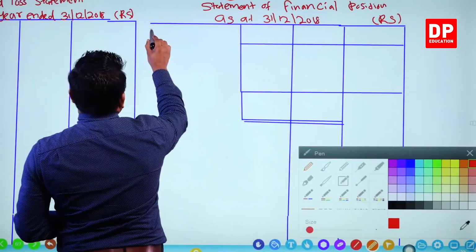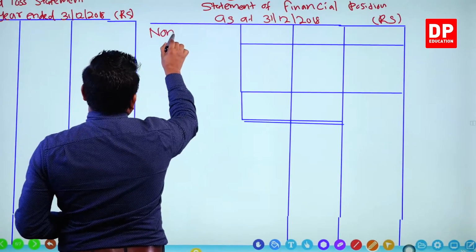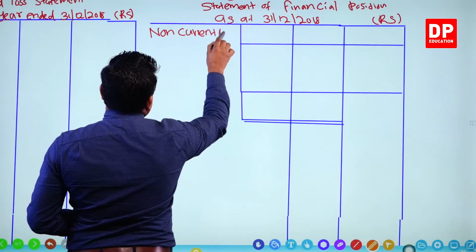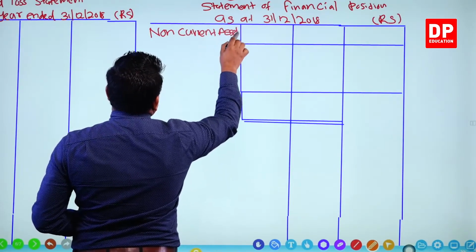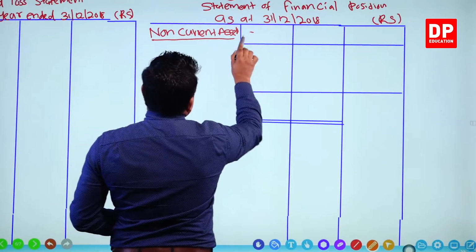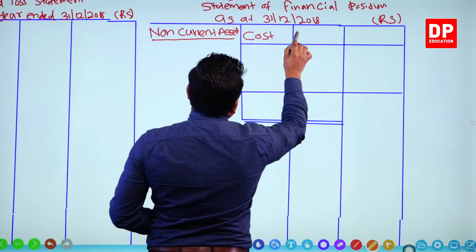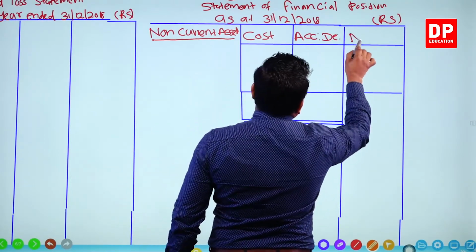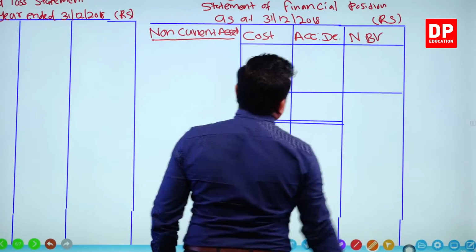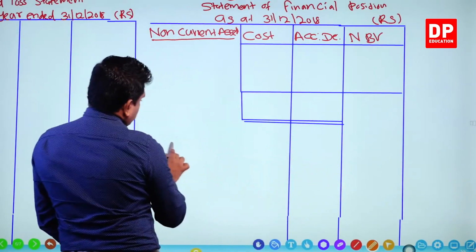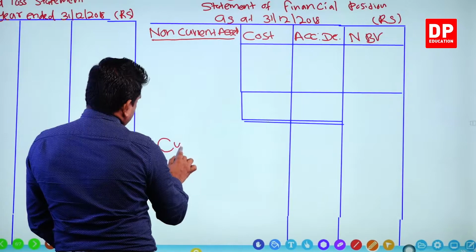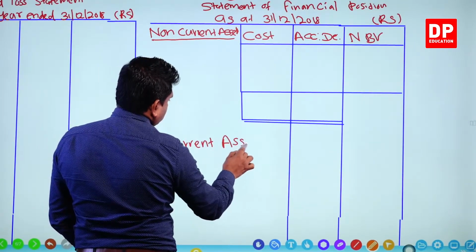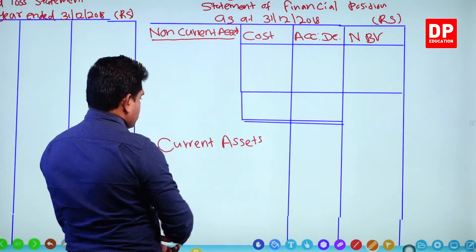Here non-current assets, then cost, accumulated depreciation, net book value. After that, current assets. Right, underline.